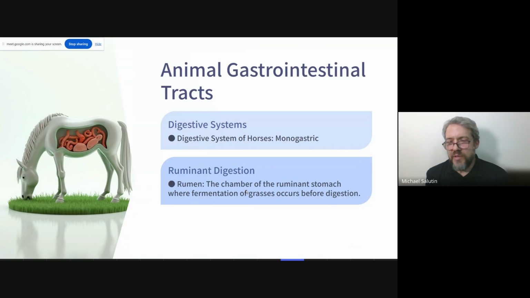This is a chamber of the ruminant stomach, which has four chambers, where the fermentation of grasses occurs before digestion. And it's almost always the case that it's a grass-eating animal, because grass is extremely difficult to digest. It's full of that very tough carbohydrate tissue called cellulose, which is very difficult to break down and get nutrition out of. So they have to do a special process called rumination and fermentation.